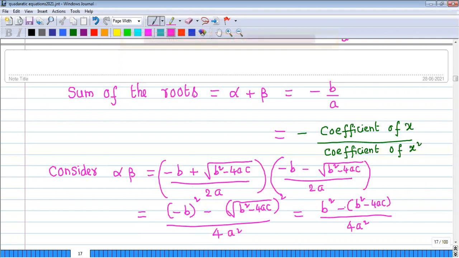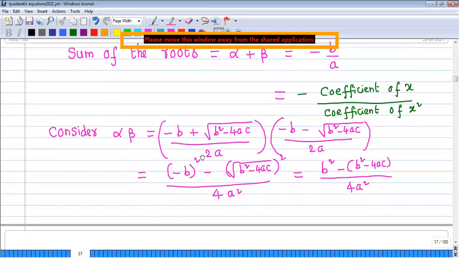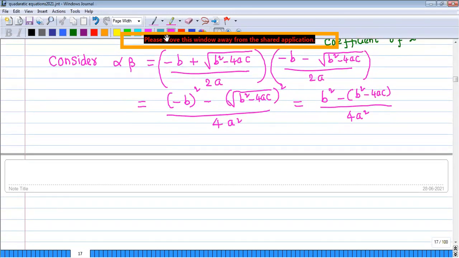How could you simplify? Open the brackets. Minus b square, minus into minus, plus 4ac. So the next step, shall I go for next step? Yes, sir. Now see, next step follows like this. This is equal to b square minus b square.